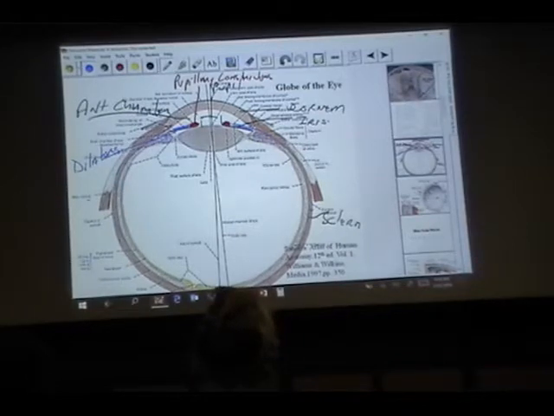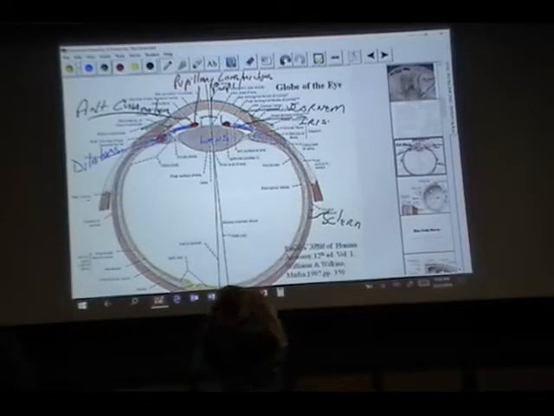Then we have the lens here in the center, this biconvex lens. And it is interconnected to these smooth muscle entities over here, which are referred to as the ciliary body.